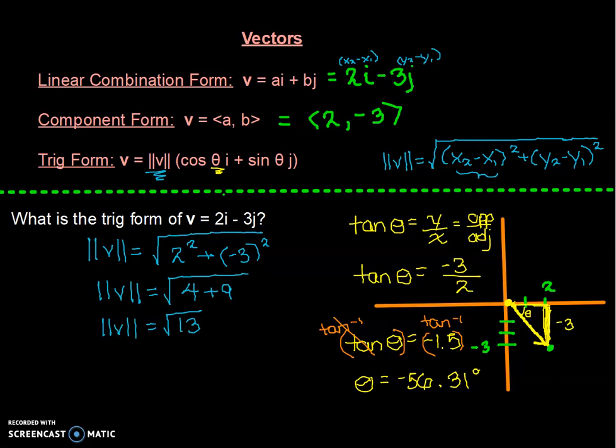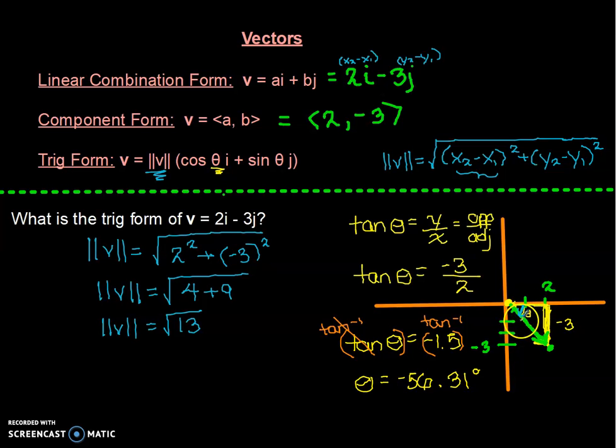Keep in mind that while this is true, you'll probably not see the angle written this way. So what does negative 56.31 degrees mean? Well, look at where your vector is. Your vector, I'm going to note in a different color, is here. This is your vector. Remember, negative angles just mean that from 0 degrees it's going downwards, which makes sense because that would be the vector right here.